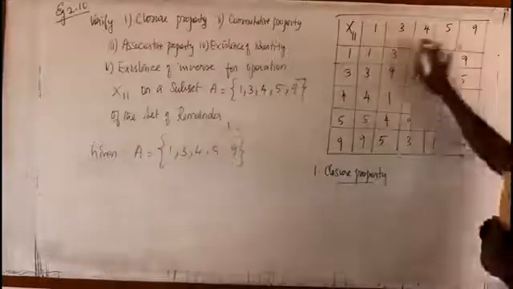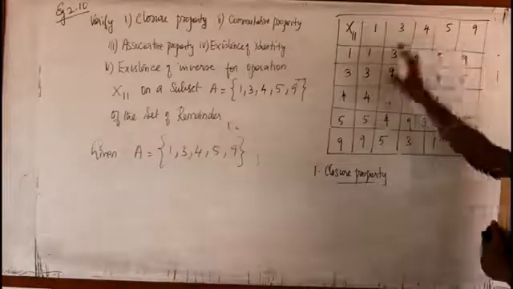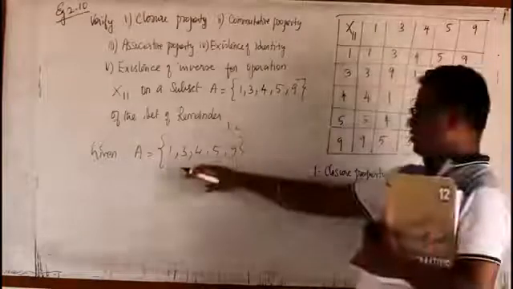Now listen here. I am getting the answers 1, 3, 4, 5, 9 in all the operations. See, 1, 3, 4, 5, 9 only I am getting.